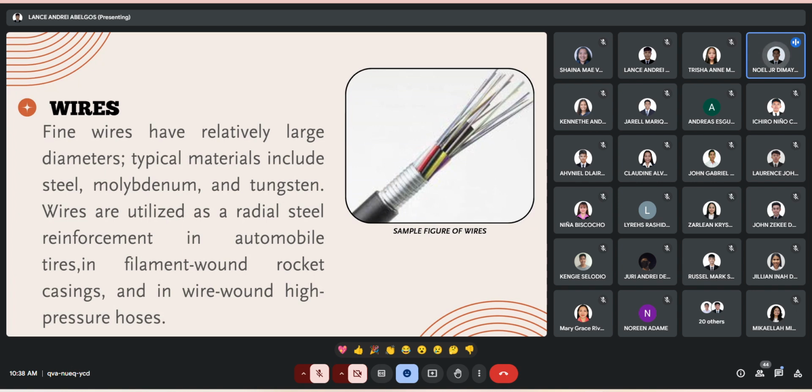Yung pattern po niya, para mas matibay, para hindi agad maputol or hindi agad masira. And also, example din ito ay sa hoses. Sa ating plumbing, may makikita tayong hoses na hindi transparent. Pag hinati natin yan, may makikita tayo sa gitna na mga fiber. Yun yung example of wire fiber reinforced composites. Next po.